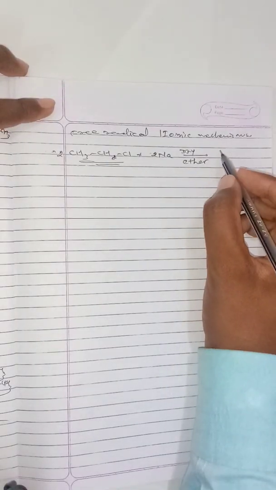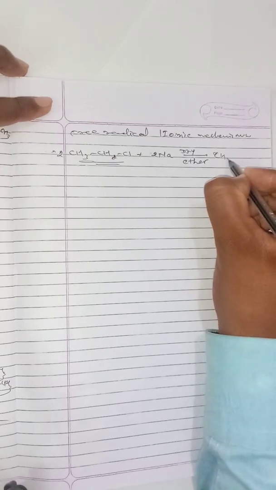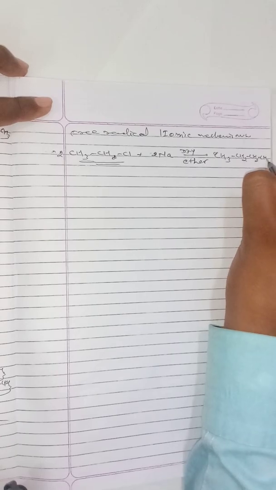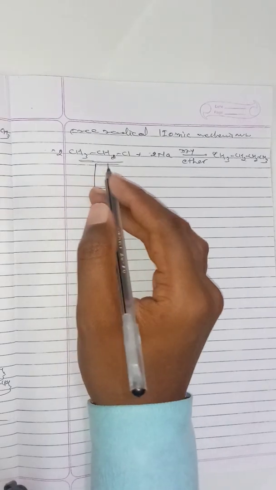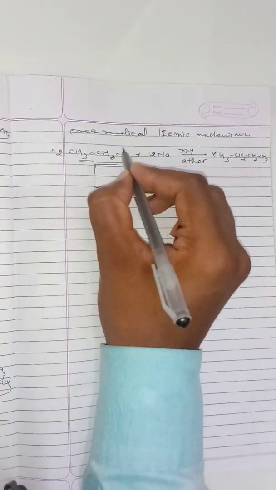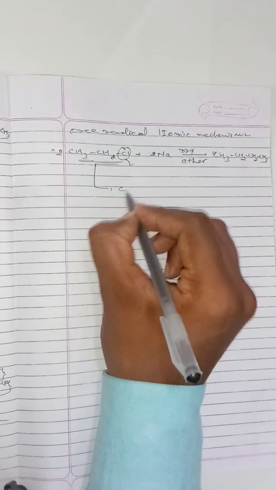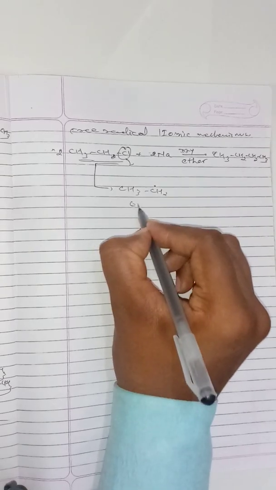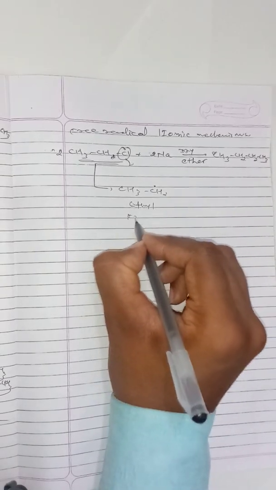We get CH3 CH2 CH2 CH3. Here from ethyl chloride, chlorine will be removed and we get an ethyl free radical.